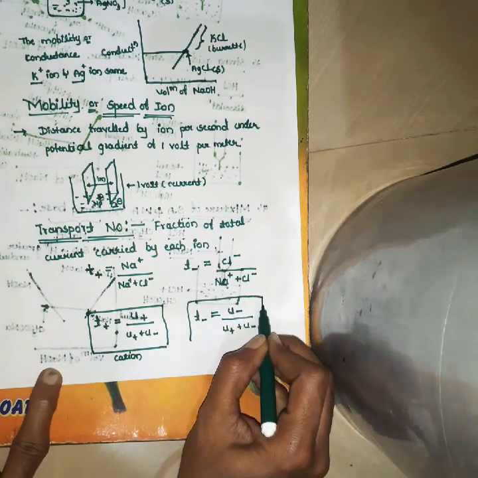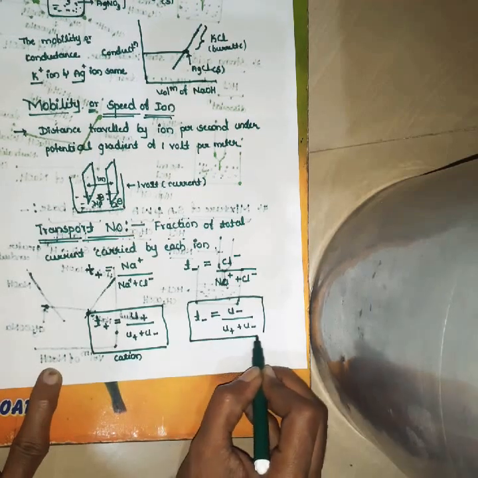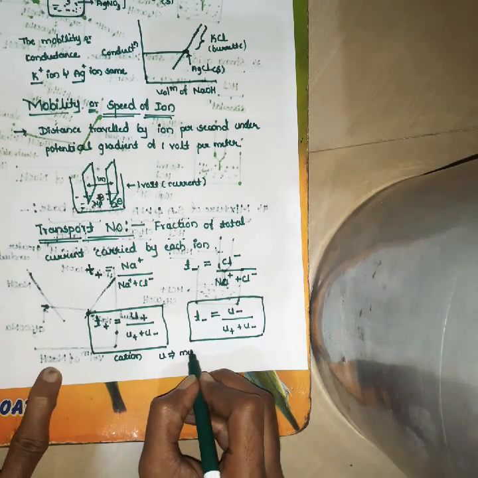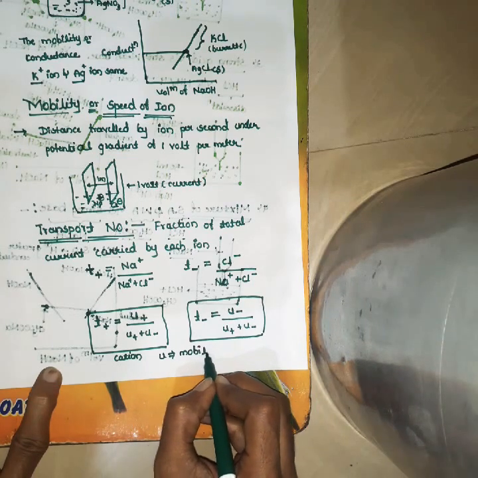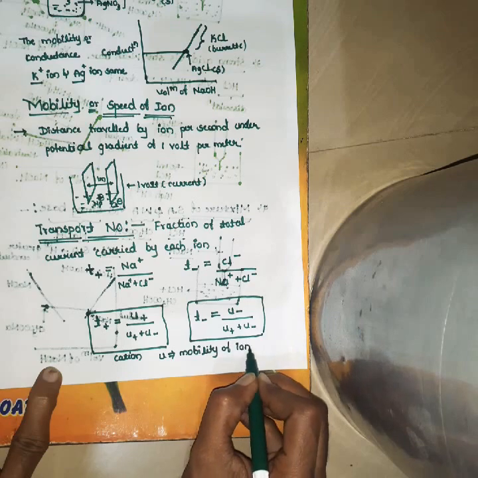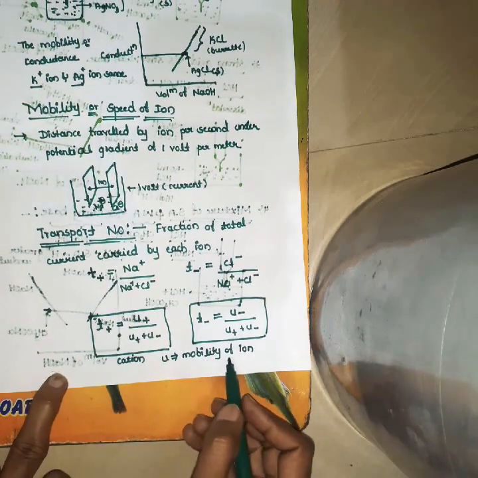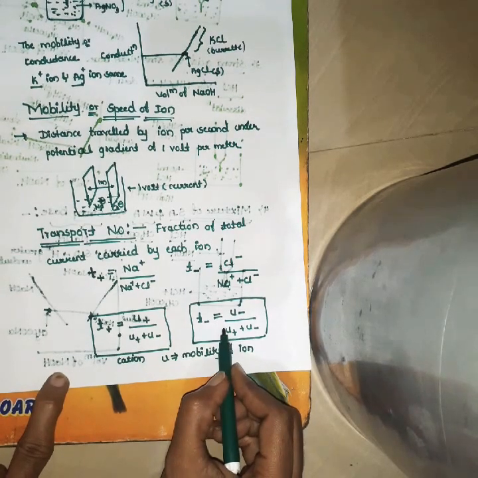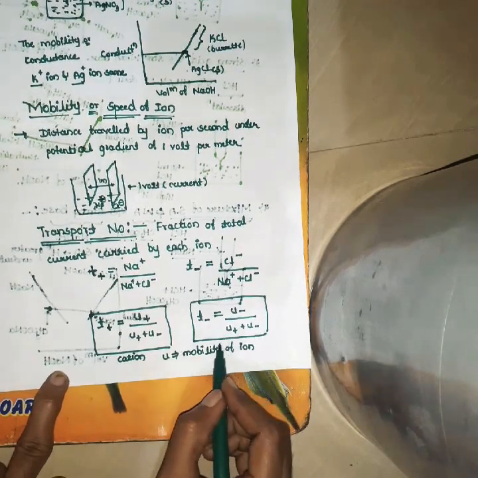What do you mean by U? U means mobility of ion, that is, speed of ion. With it we can easily calculate the transport number of cation and anion.